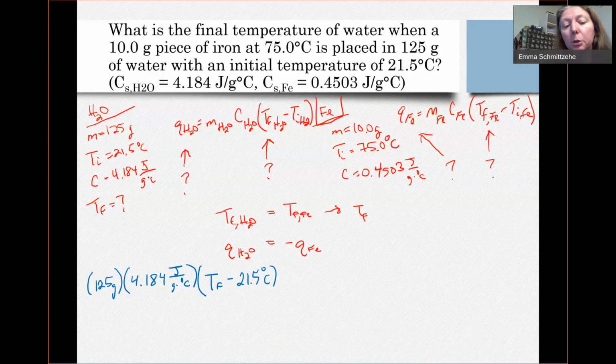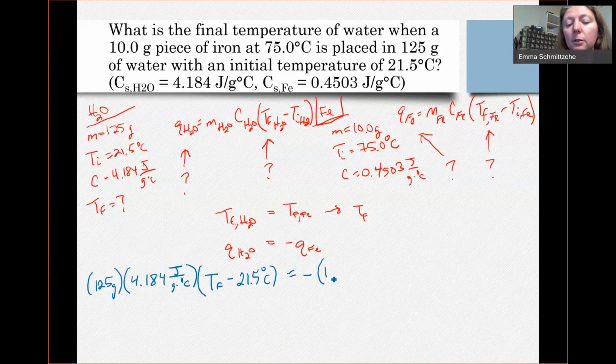Okay, all of that stuff put together is the Q of water, which has to be equal to the negative Q of Fe. And the Q of Fe, or the heat of Fe, is the mass times the heat capacity times the change in temperature. So I'm going to put those things in.